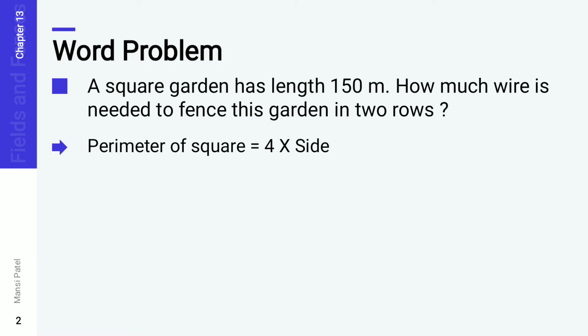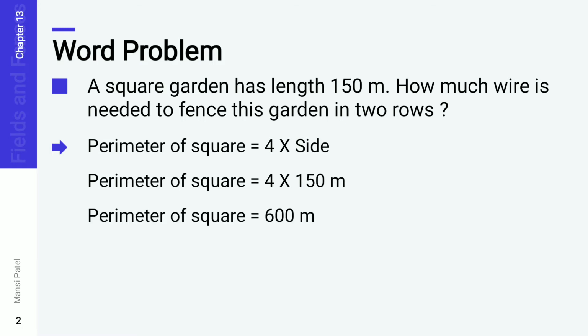Here side is equal to length. So the perimeter of square is equal to 4 multiplied by 150 meter. Now do the multiplication. 15 fours are 60. So the perimeter of square is 600 meter.